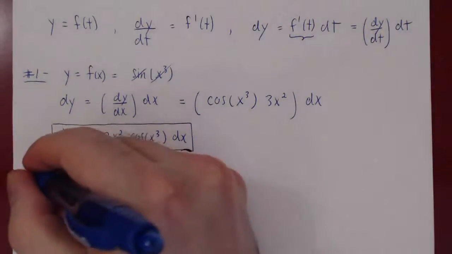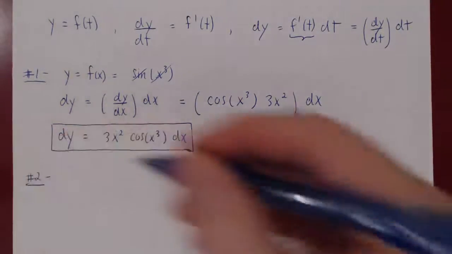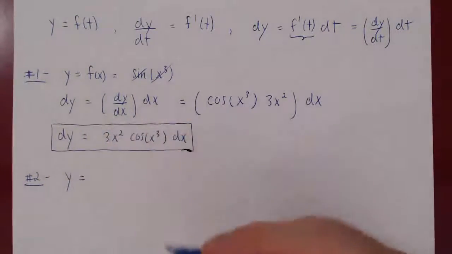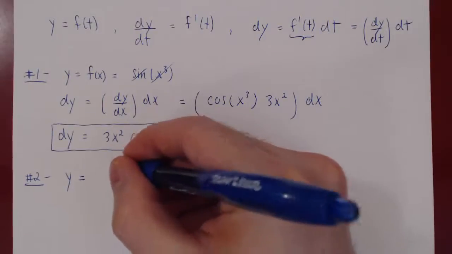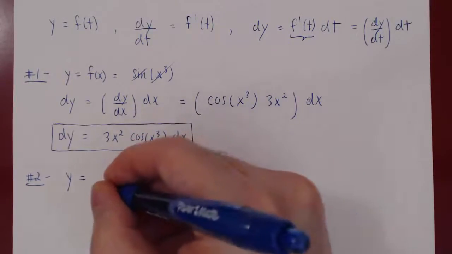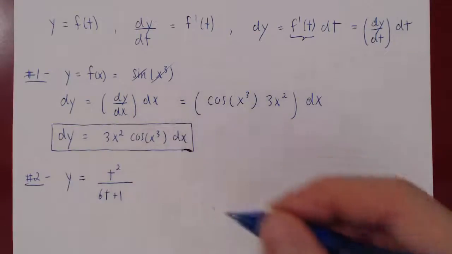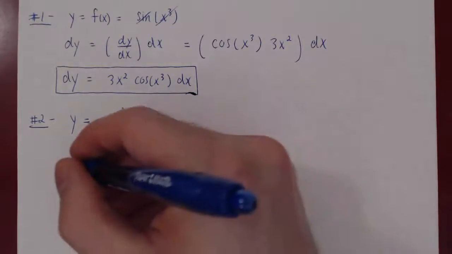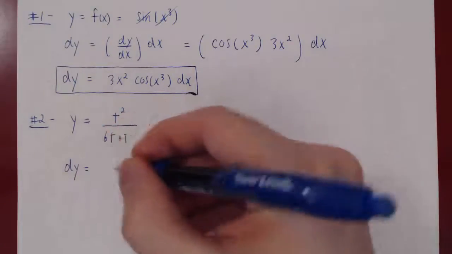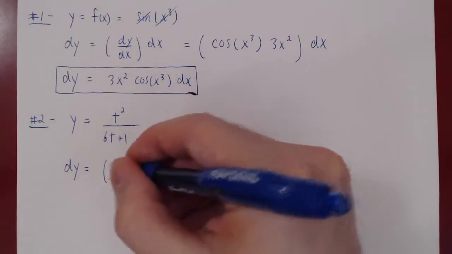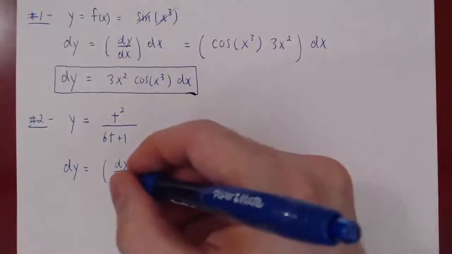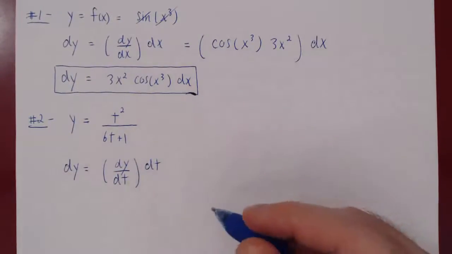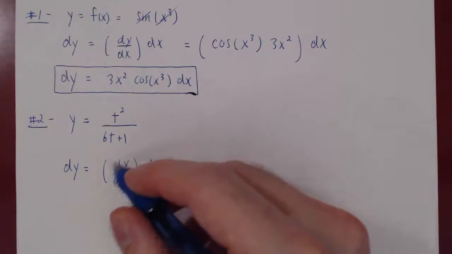What if we had, say, a function of t? So what if y was t squared over 6t plus 1? Well, because now y is a function of t, the differential will be, the change in y, is the derivative of y with respect to t, so dy over dt, times dt, the change in t. Once again, we get the change in y.